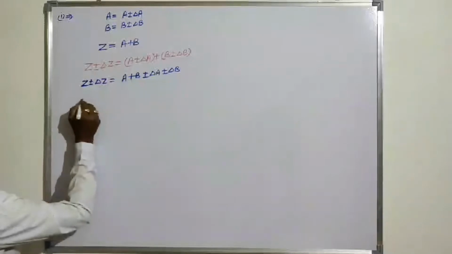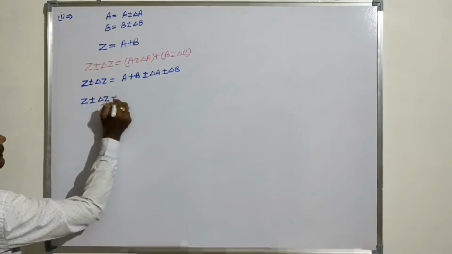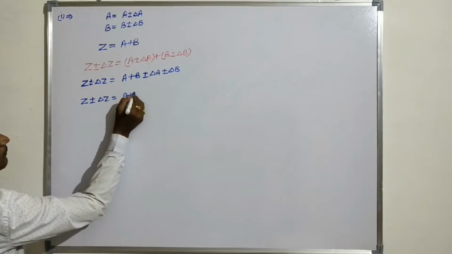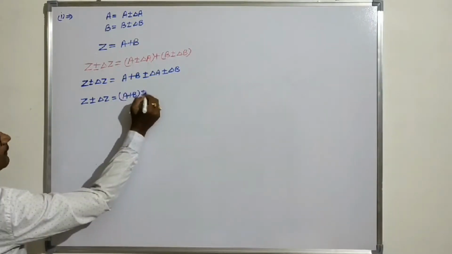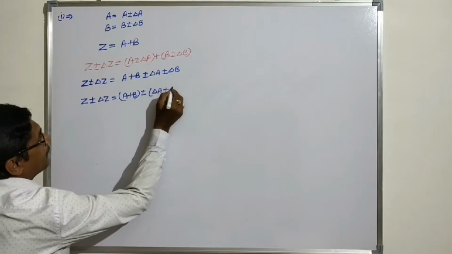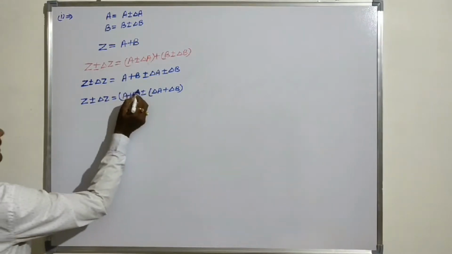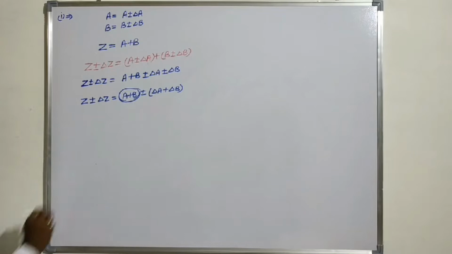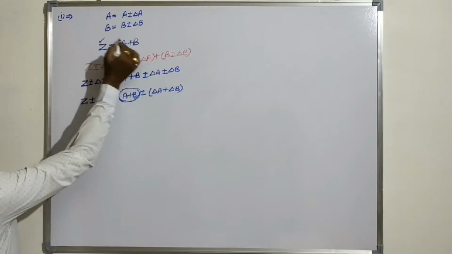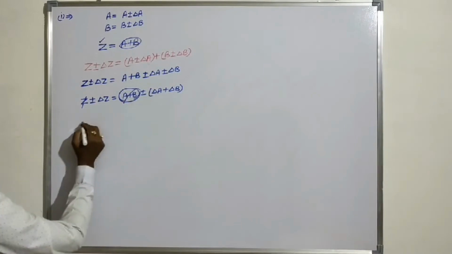Okay. Now Z plus minus del Z is equal to A plus B plus minus common, so we get here del A plus del B. A plus B is equal to Z, so this Z and this Z cancel.